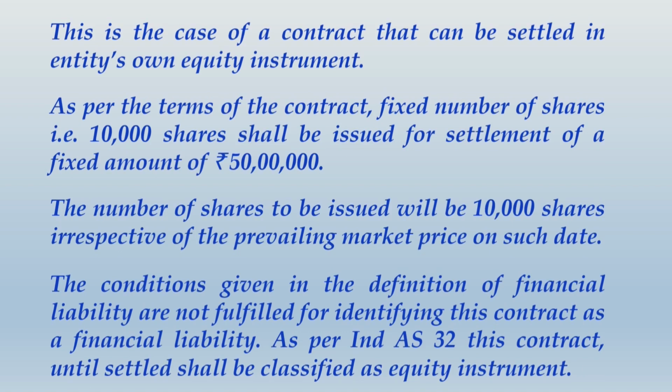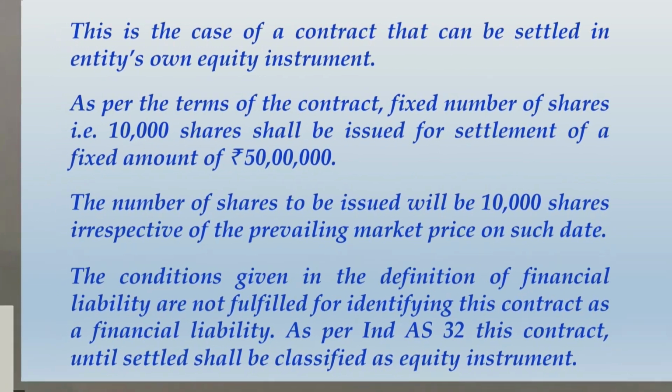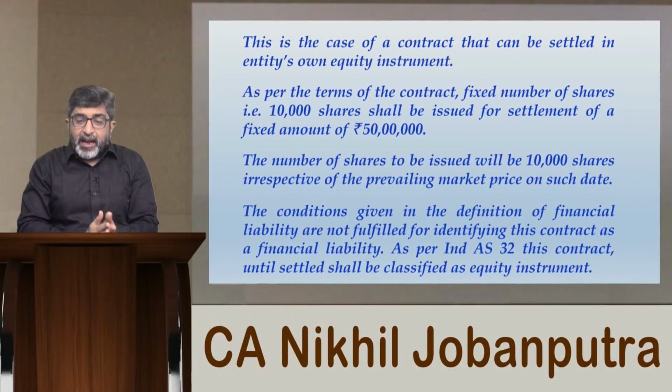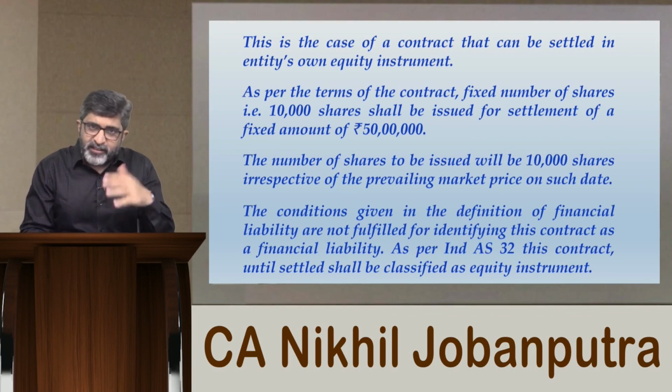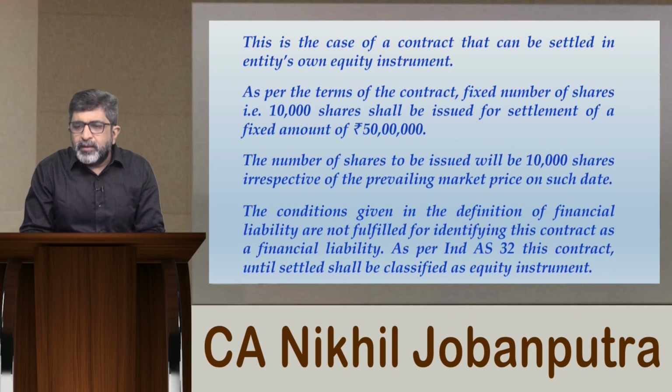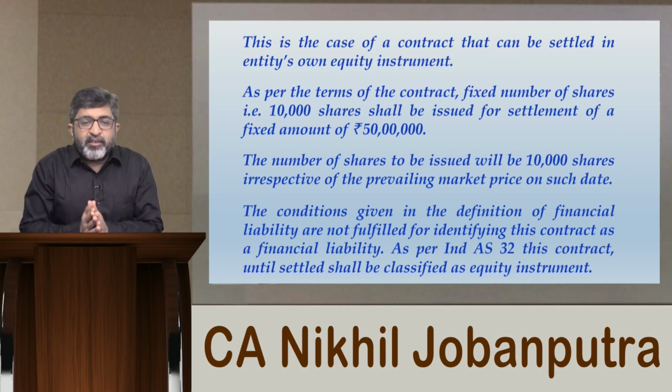Alright friends, I see that you would have completed this whole thing by now, and I also observe that some doubts have been raised over here. So please let me first clarify these doubts that have been asked. Doubt number 1 was in question 2, until settled it is a financial liability, but after settlement, that is after 30th June, does it become an equity instrument?